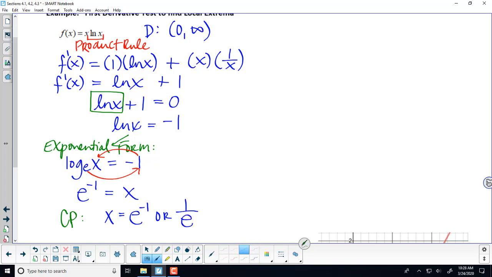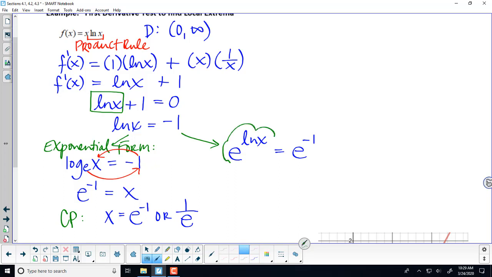The other way you could do it is to raise each side, that sounds weird, maybe we should say exponentiate each side and write it with the base of e. So you could say e to the natural log of x equals e to the -1.